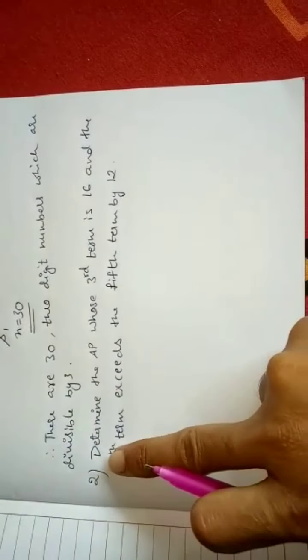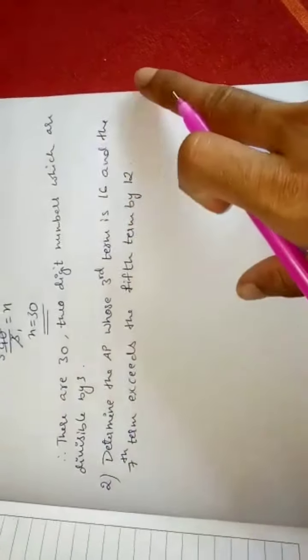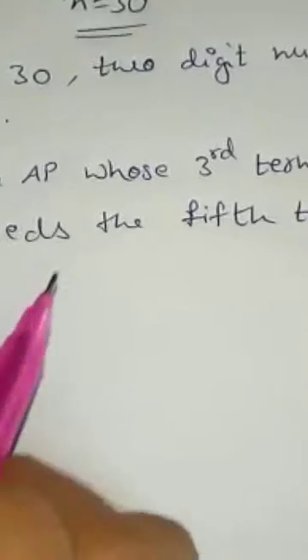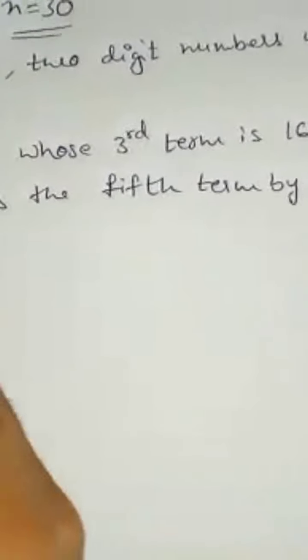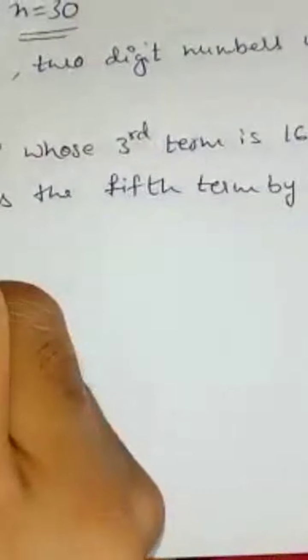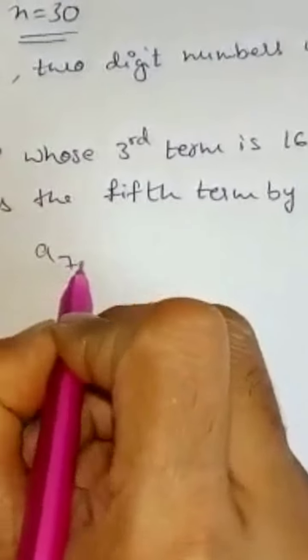Next, second question. Determine the AP whose third term is 16 and the 7th term exceeds the 5th term by 12. So what they have asked, you want to find the AP. The third term means a3 is 16, and the 7th term is a7.